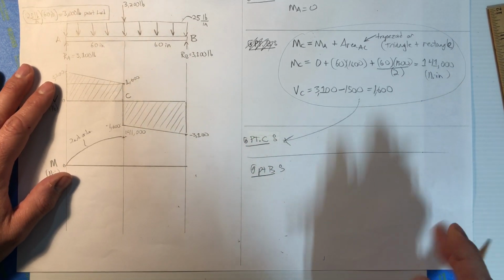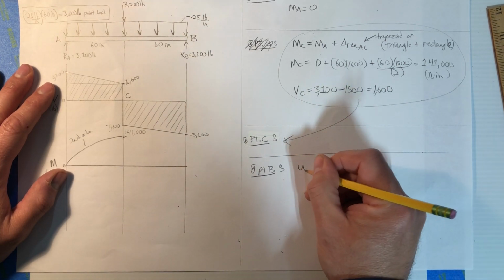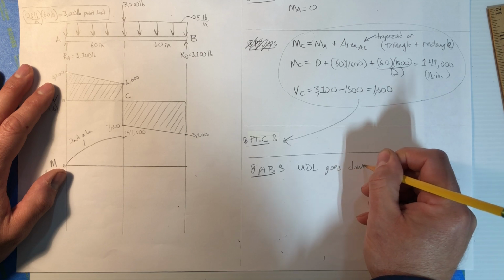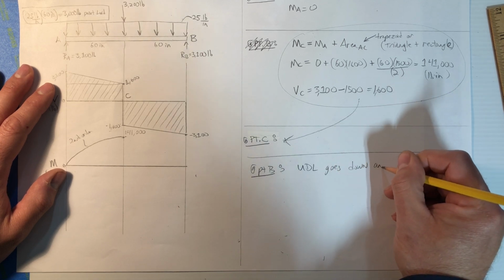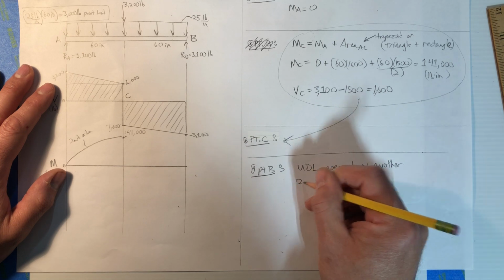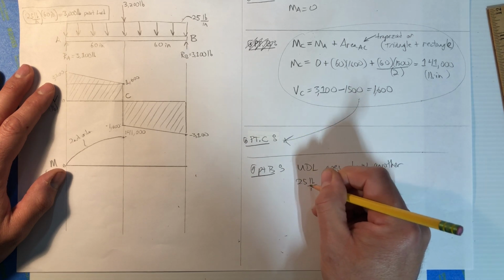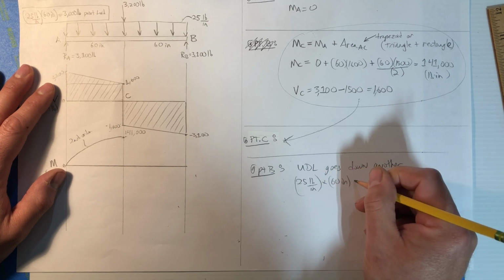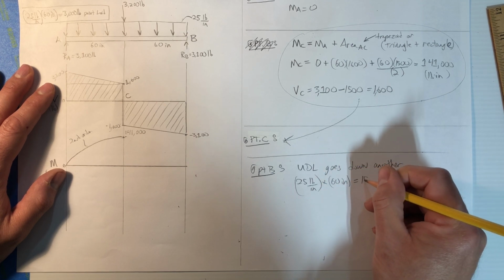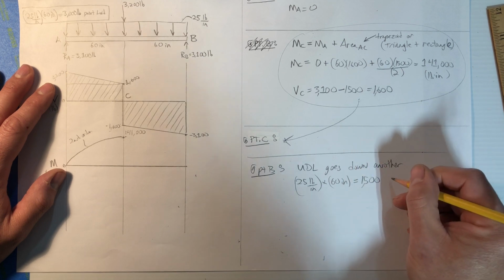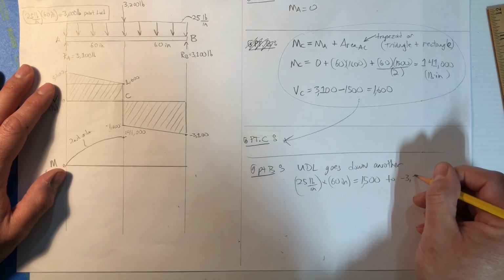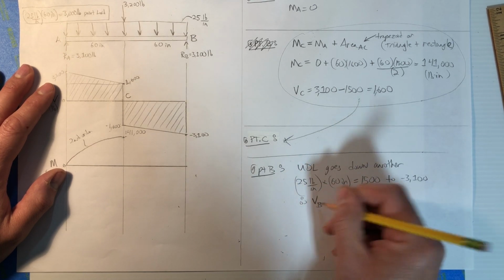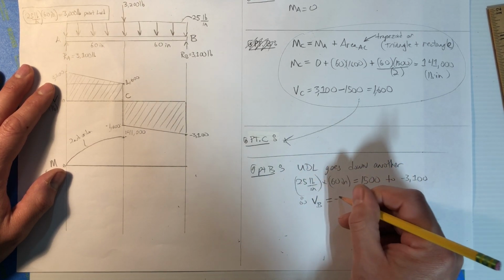At point B, the UDL goes down another 25 pounds per inch times 60 inches, and that gives me 1,500. It's going down, and it goes down to negative 3,100. Therefore, my shear at B is equal to minus 3,100.